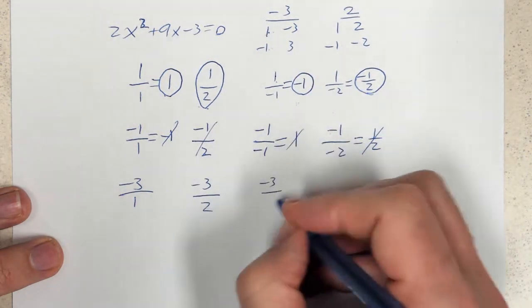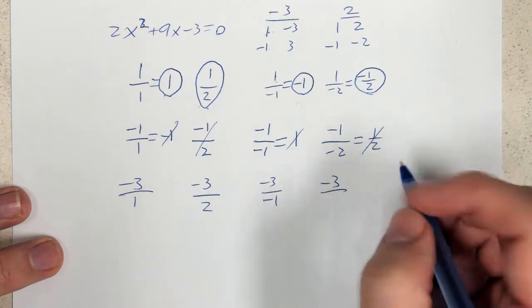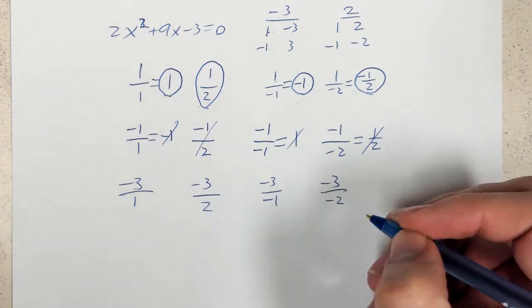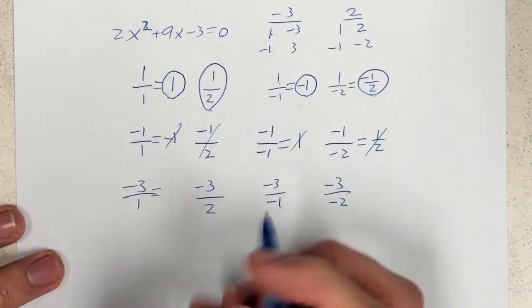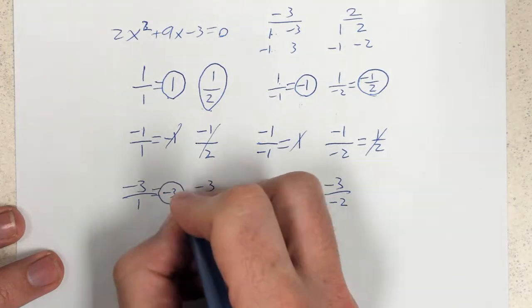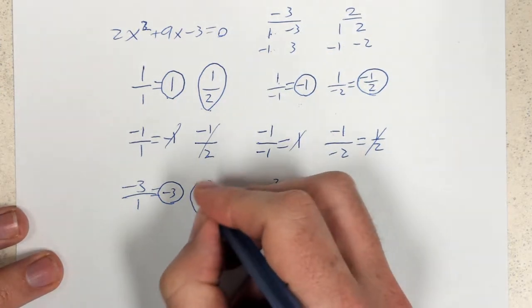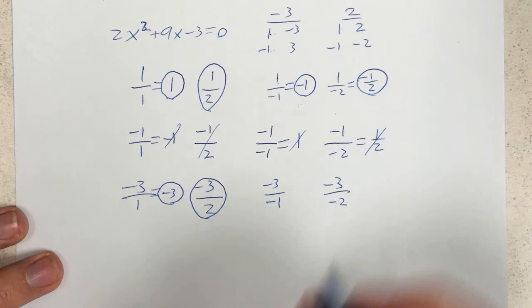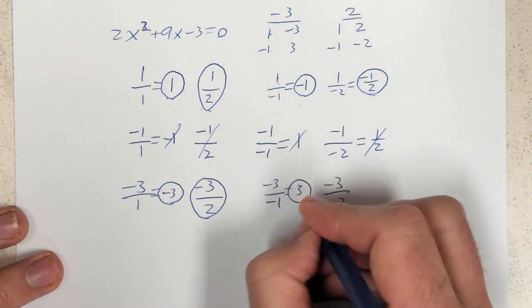-3 divided by -1, and -3 divided by -2. Alright, -3 divided by 1 gives us -3. That's a new unique solution. -3 divided by 2, that's another unique solution. -3 divided by -1 gives us +3.